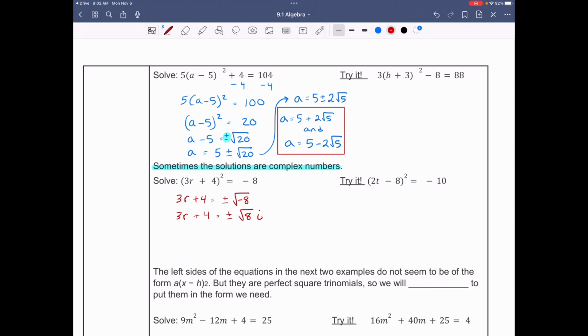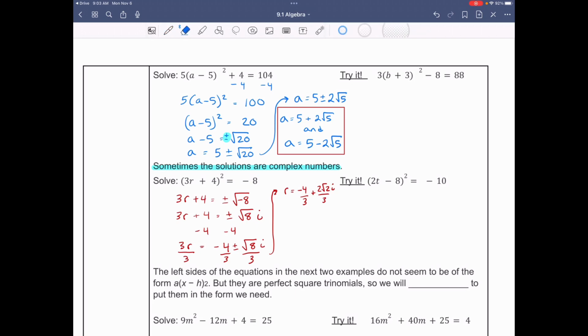Now I'm going to solve for r. So we will subtract 4 from both sides. So we get 3r is equal to negative 4 plus or minus the square root of 8 i. Next we divide by 3. I'm going to divide each of these by 3, so that now we just have r is equal to negative 4/3 plus, I'm going to simplify that square root of 8 to 2 square roots of 2, i over 3.